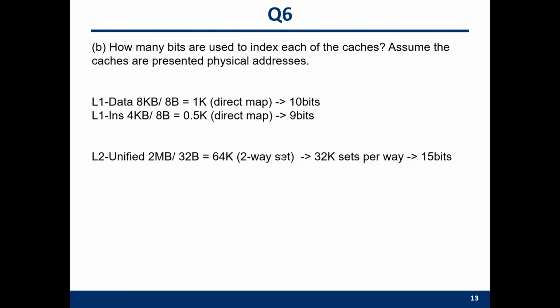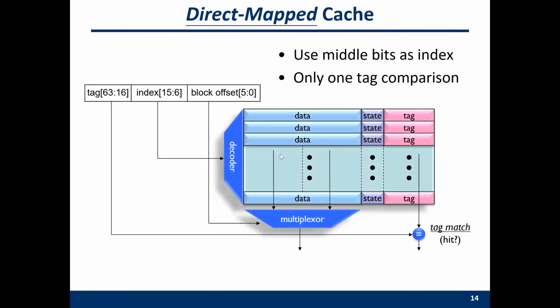So the result here is 4K divided by 8, which is 512. So in order to index 512 blocks, you need 9 bits. So for that instruction cache configuration, you need 8 bits here and 9 bits here.